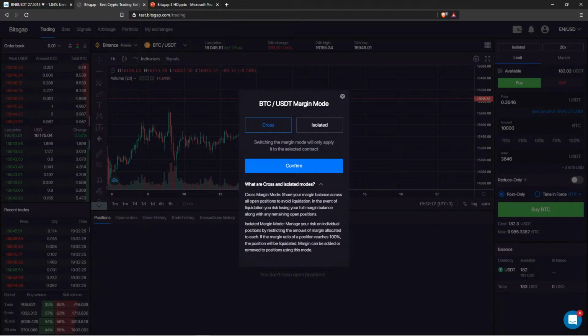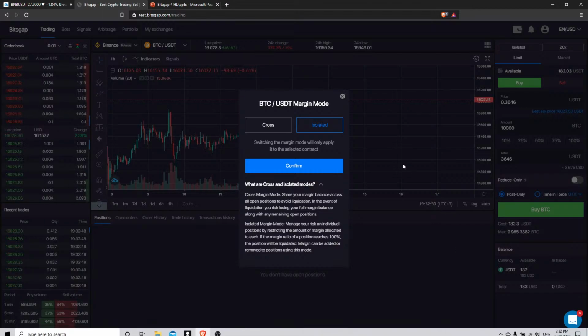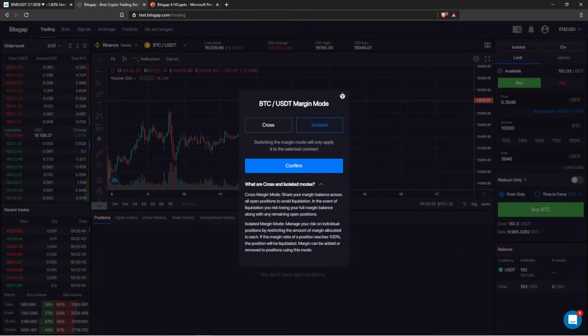So that means that with the cross mode enabled, you are risking like 100% of your balance. Whereas with the isolated, you have the exact amount of margin from your balance used as the collateral to cover your margin trade position. All right.